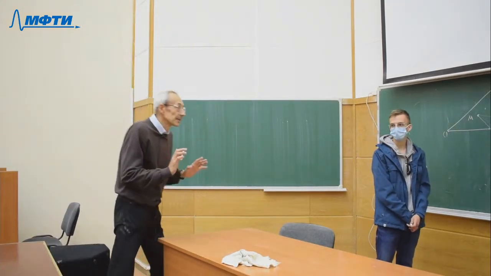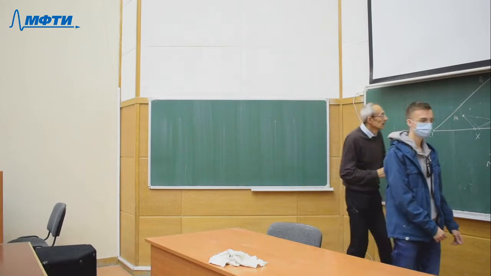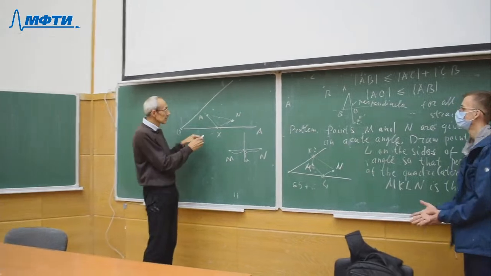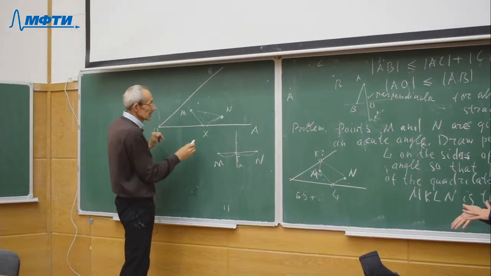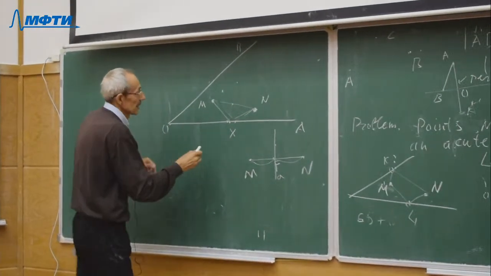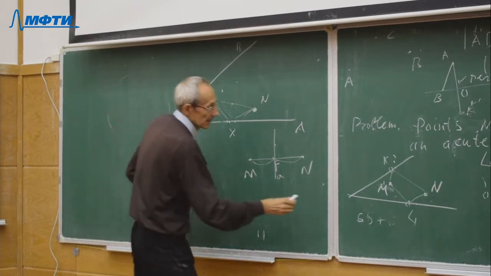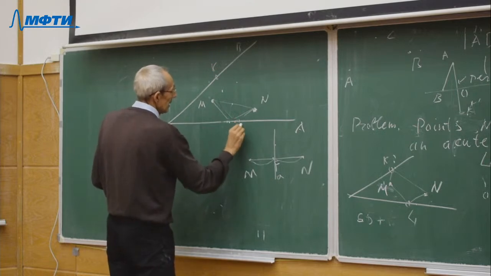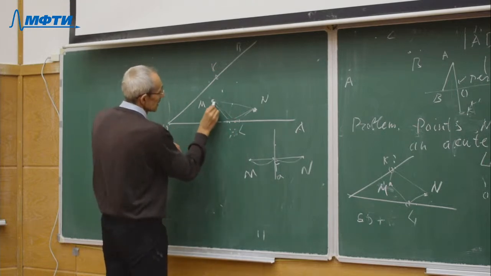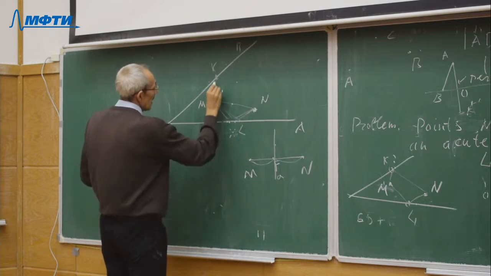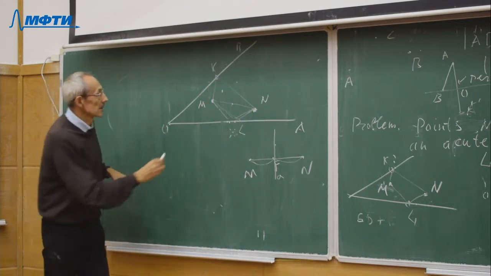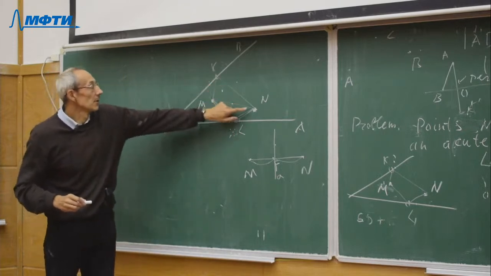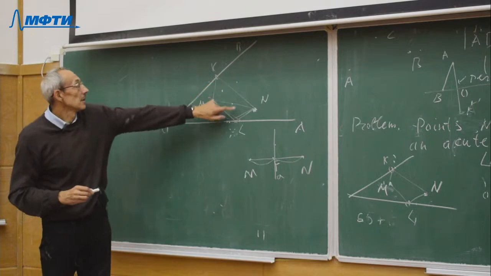Yes, I repeat. We want to choose such positions for two points P and Q, such that the sum of these distances K, L, which is equal to the perimeter of this quadrilateral, is minimal.